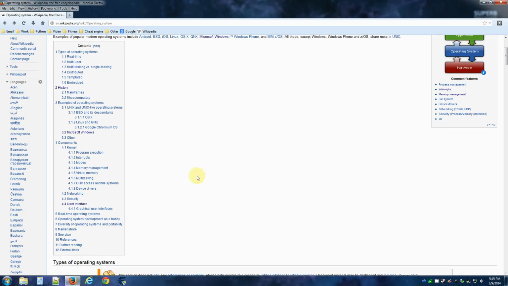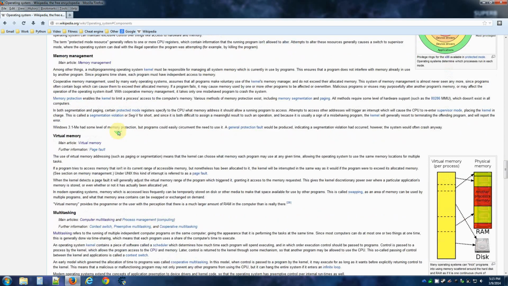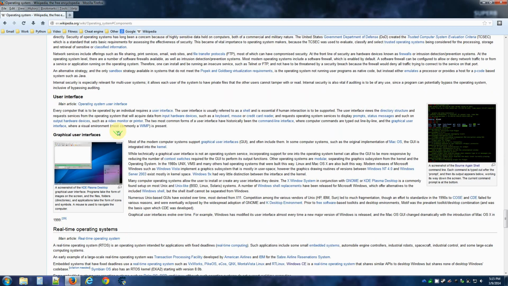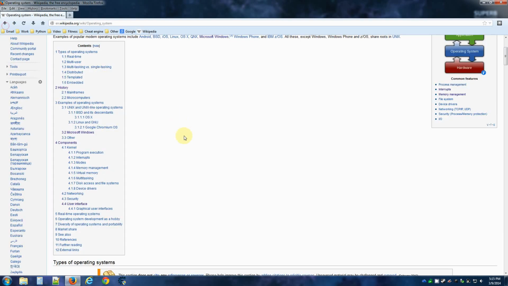We're going to talk about the different components as listed here on Wikipedia. We're not necessarily going to read all this text because it's a lot, so instead we will summarize each piece in brief.